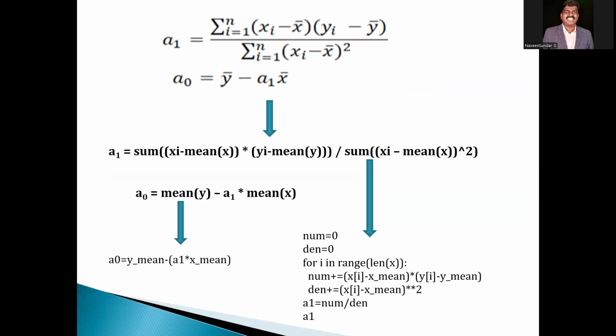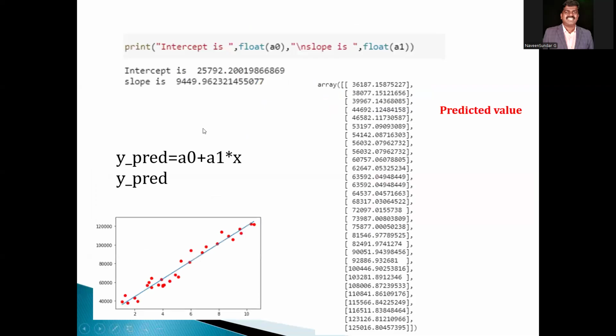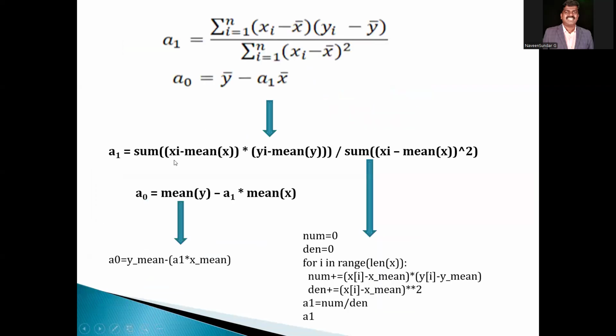Just look here: the summation of xi, that is each and every x value, minus the mean of x, times yi minus the mean of y, divided by the summation of xi minus the mean of x the whole square. Got my point? We are just writing it as it is in the equation, right? So this is how we will give it in the code.